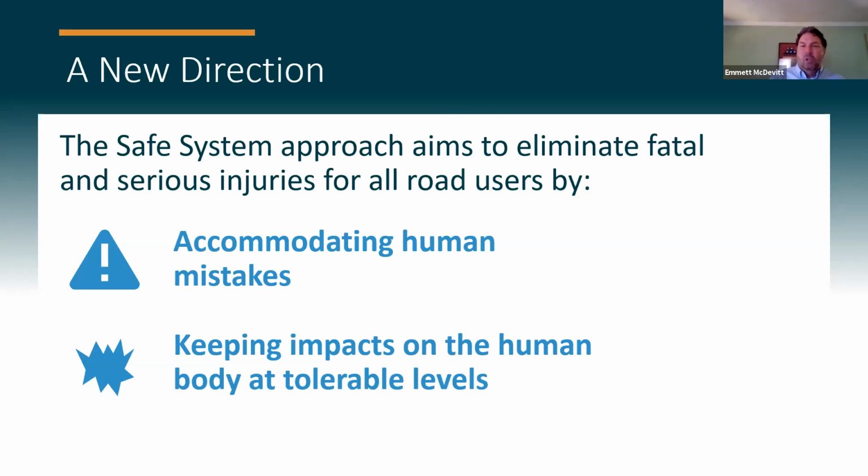Some of the examples of accommodating human mistakes is, say, our rumble strip program. We didn't have one rumble strip until the late 90s, I think it was. Pete Gustafson, who was the traffic engineer for the thruway, put rumble strips on the entire thruway system in a period of about 2 years.